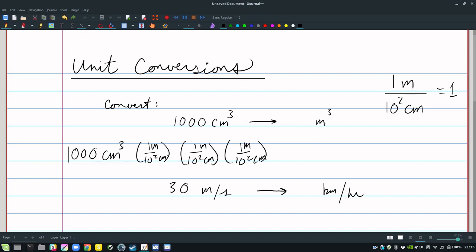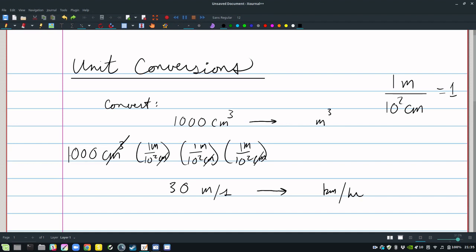There are 3 centimeters in the denominator and 3 powers of centimeters in the numerator, so they all cancel. There are 3 meters in the numerator, and so the final units will be meters cubed.